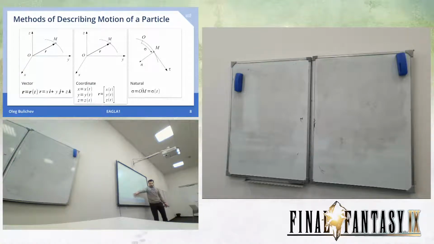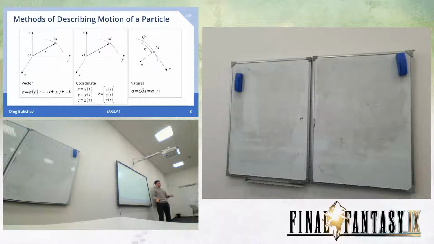And the last one is natural form. It's used, for instance, when we throw a ball, and you take x cosine, x sine.